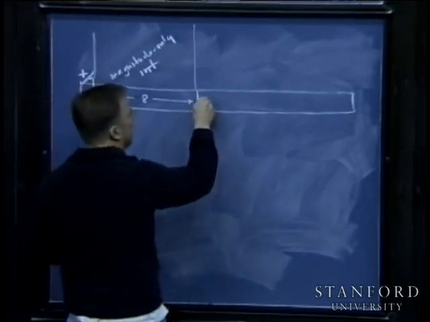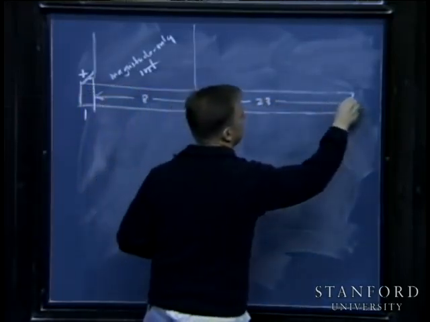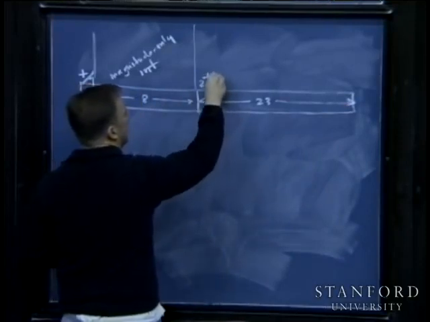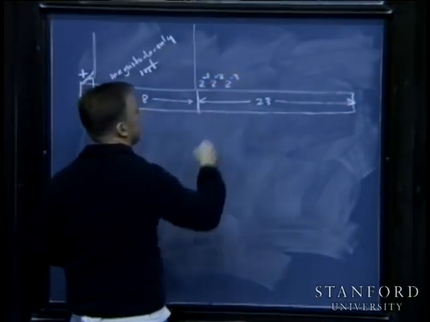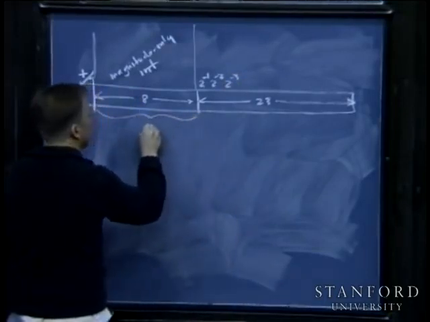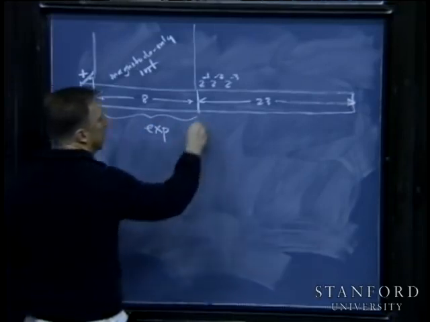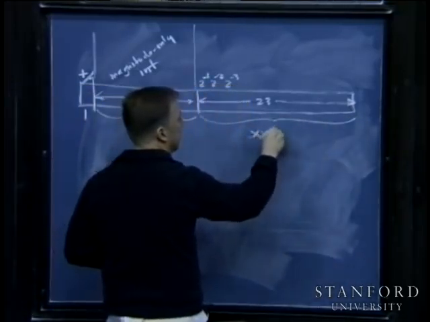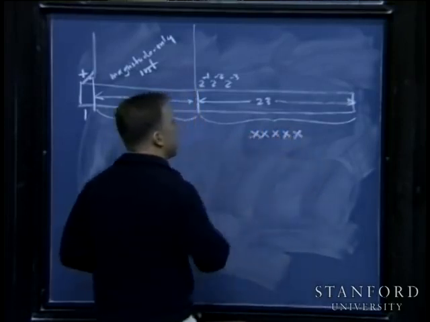And the remaining 23 bits talk about contributions of 2 to the negative 1 and 2 to the negative 2 and 2 to the negative 3. This right here I'm going to abbreviate as EXP, and this right here I'm just going to abbreviate as .xxx.